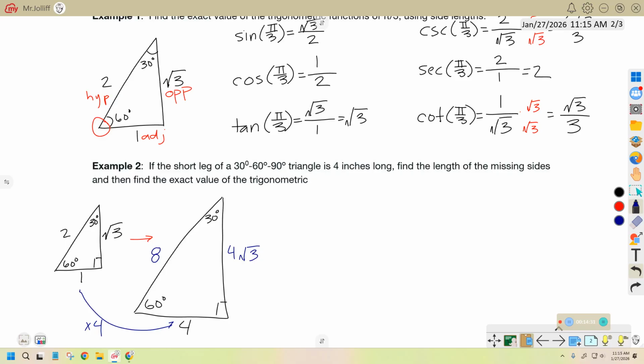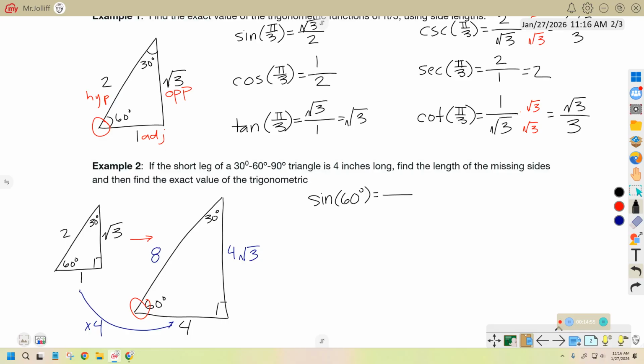And I see some nodding, so let's build one and check. So we'll start here with sine. Sine of 60, which is sine of pi over 3, because those are equal. And in our triangle, it is opposite over hypotenuse.